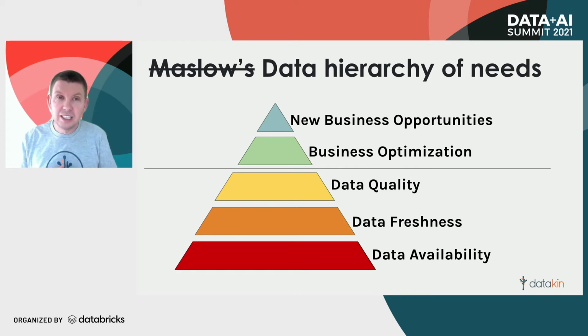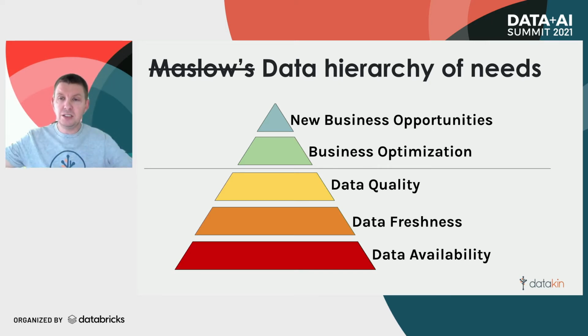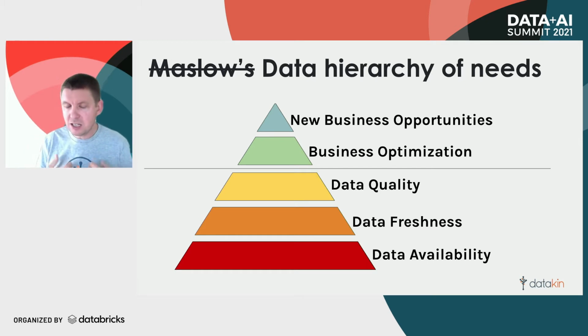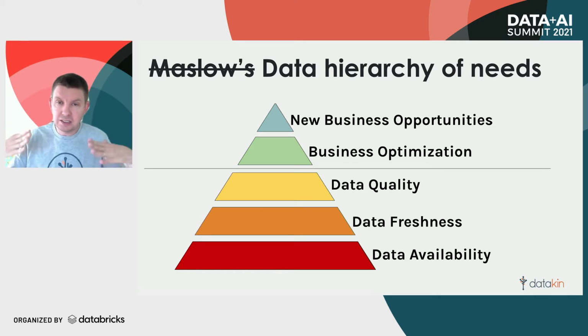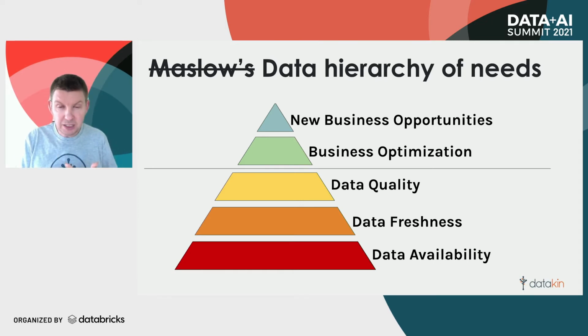And there's a similar hierarchy of needs for data. First, before you can get value out of your data, it needs to be available, and you need to have it in a location or in a tool where you can start analyzing it. Second, once the data is available, you need to make sure it's fresh and it gets updated on time, right? So this data freshness notion. And third, once the data is available and it gets updated on time, it also needs to be correct.